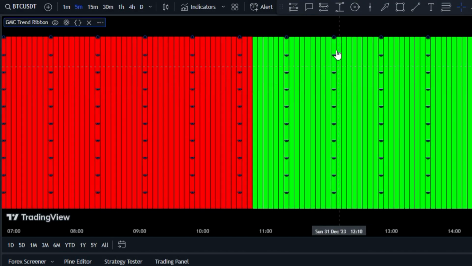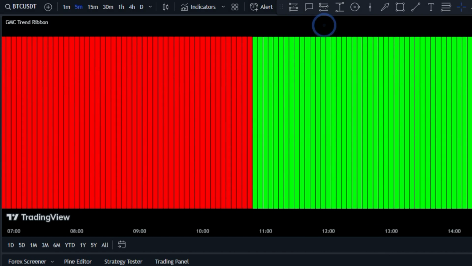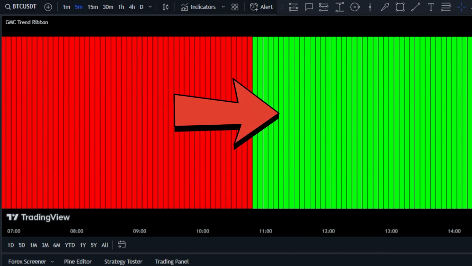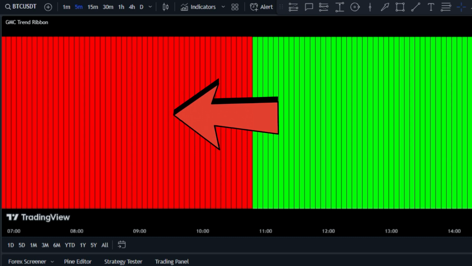The GMC Trend ribbon indicator is made of color-coded bars that reflect whether the momentum is bullish or bearish. In this system, green bars represent bullish momentum while red bars signal bearish momentum.